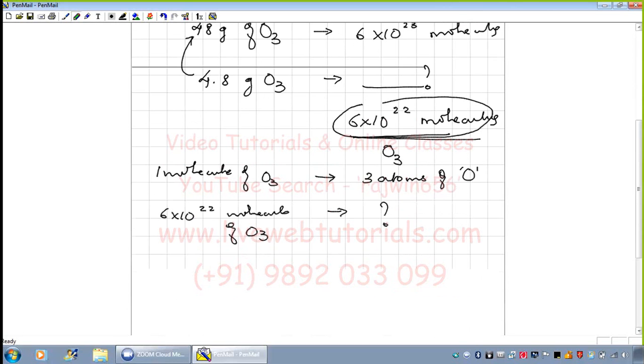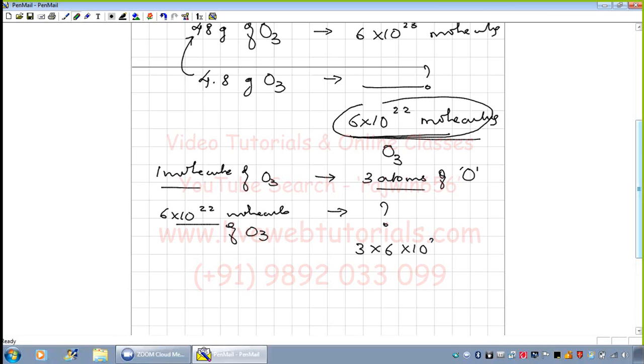It will be multiplied. Because one molecule is having 3 atoms, so these very molecules of O3 will have how much? So it is going to be 3 multiplied by 6 multiplied by 10 raised to the power 22 atoms of oxygen. If you write this in the standard form, it is going to become 1.8 multiplied by 10 raised to the power 23 atoms of oxygen.